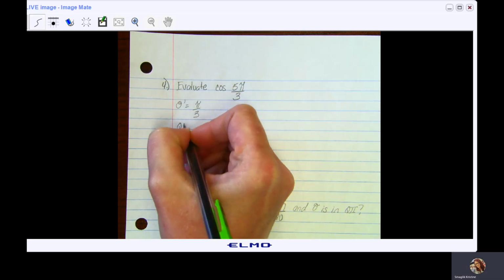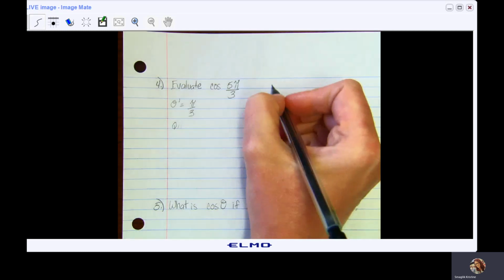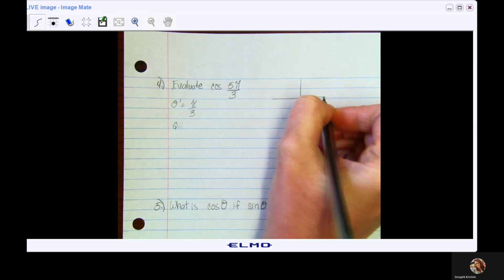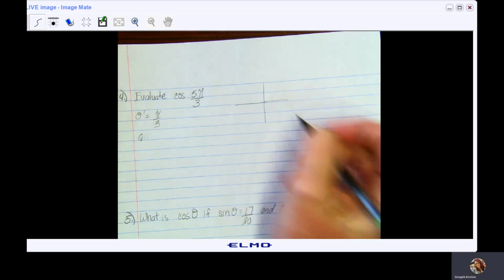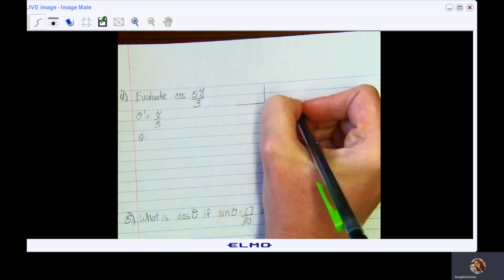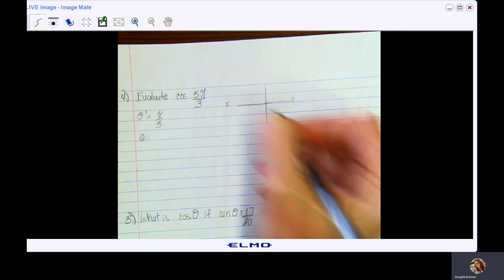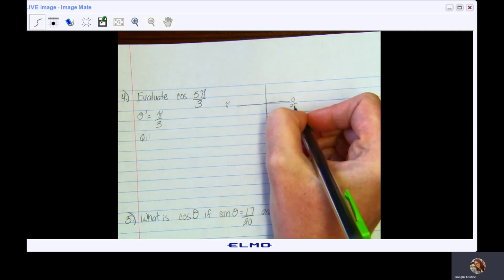My quadrant. Let's take a look. So if you have the unit circle, we have an x-axis, a y-axis. I'm at 0 radians here. I would be at pi radians here. And then 2 pi.